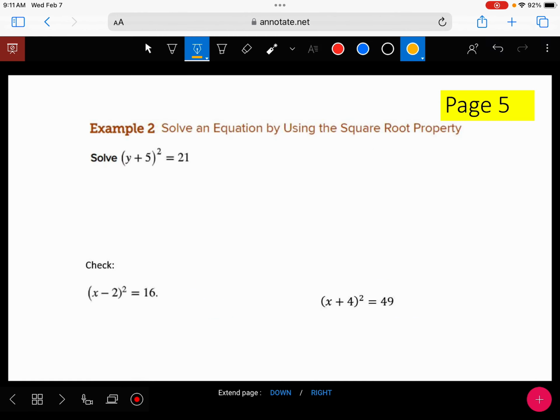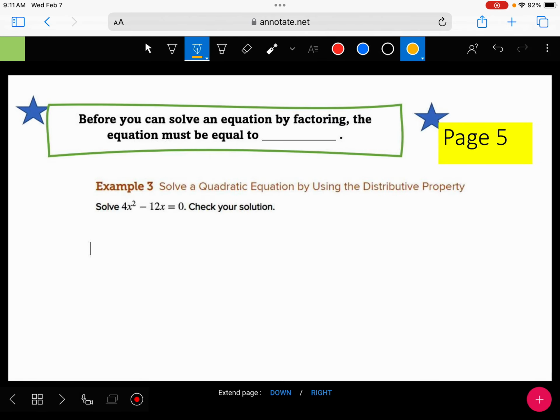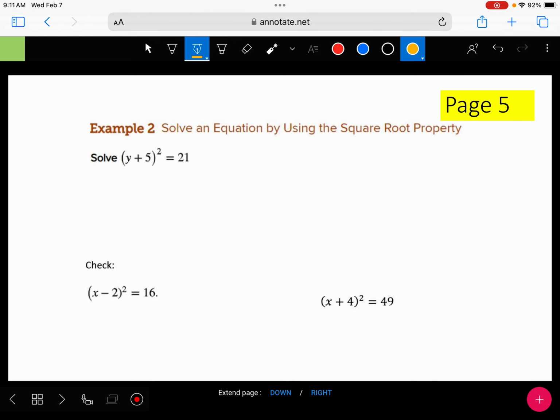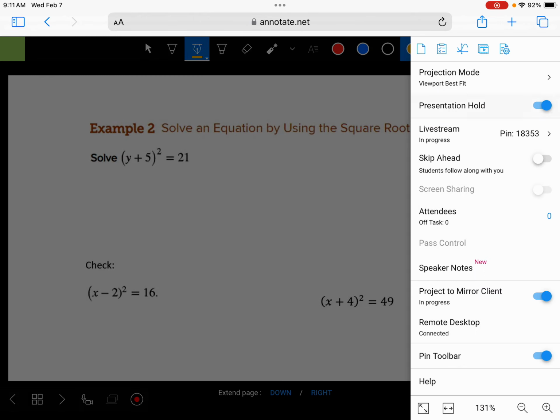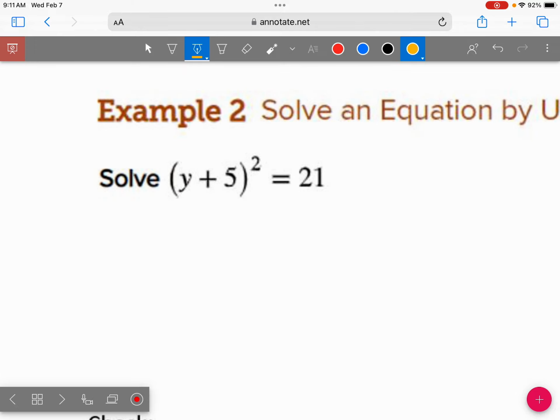All right, let's go ahead and go to the next page and solve a couple more. So when I solve this one, let's take the square root of both sides.